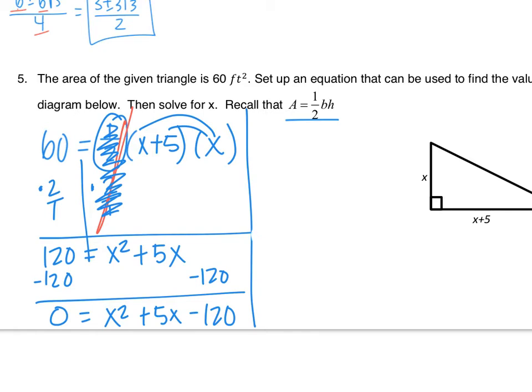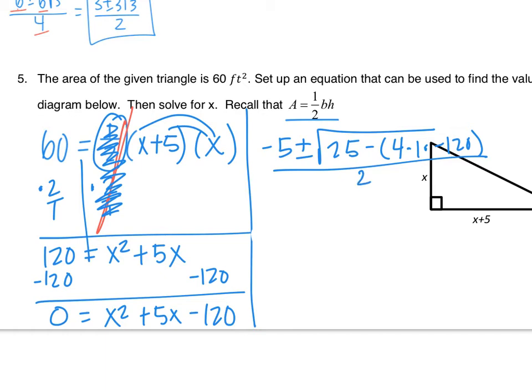All right, so our quadratic formula, opposite b would be -5. b squared is 25. 4 times a times c all over 2 times a, which a is just 1. So put the discriminant, the part under the square root, into your calculator.